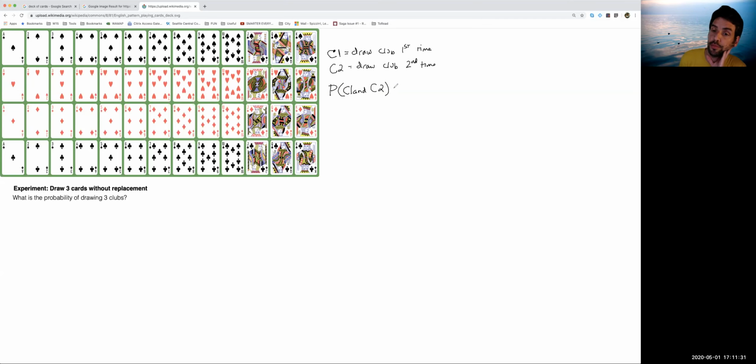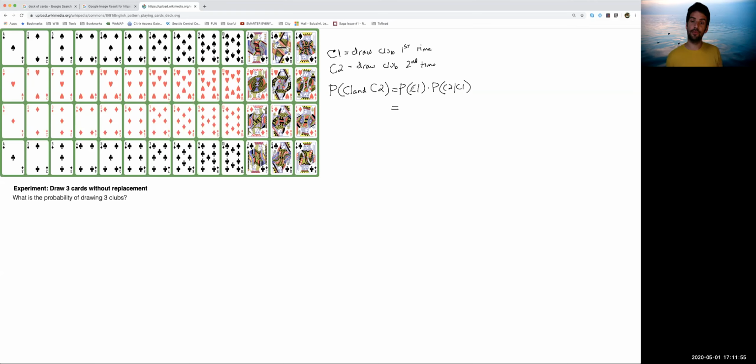So I'm asking what's the probability of C1 and C2, and I'm going to use my multiplication rule. So this is the probability of C1 times the probability of C2 given C1.